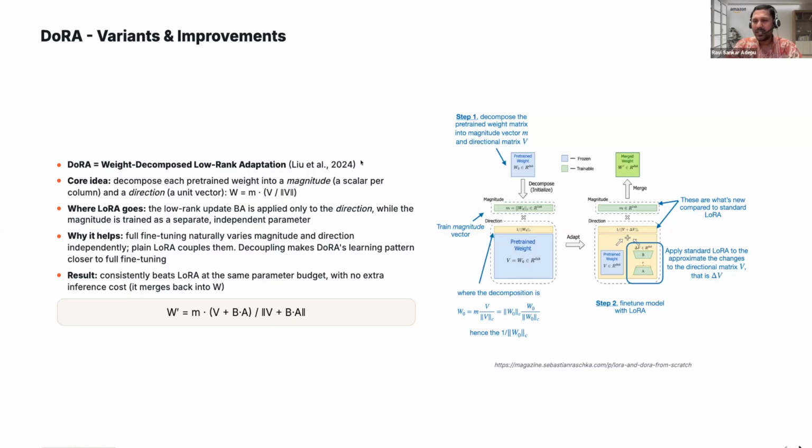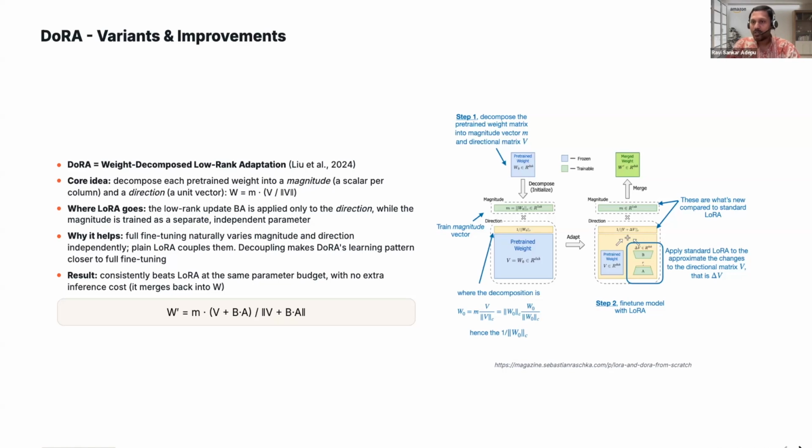It writes each weight as magnitude times direction. It then applies the LoRA style low rank adaptation only to the direction, and lets the magnitude be its own separately trained parameter. So by decoupling them, DoRA gets an extra degree of freedom that plain LoRA does not have.